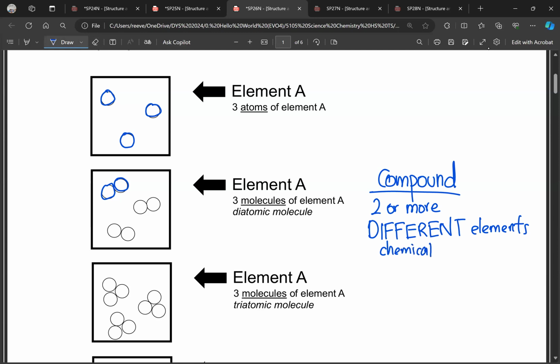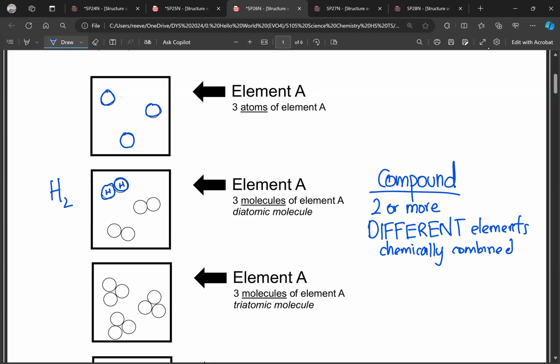First thing, I only have one element. Therefore, it's not a compound. Understand? There's only one white circle. Unless you go and find me a black circle. Then you can tell me the white circle represents carbon, the black circle some other element. But I only have one white circle and it's the same white circle. So there's only one type of element. Understand? Like H2 hydrogen, one H here and one H here.